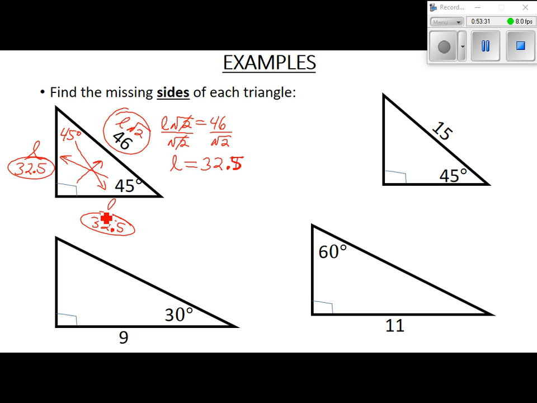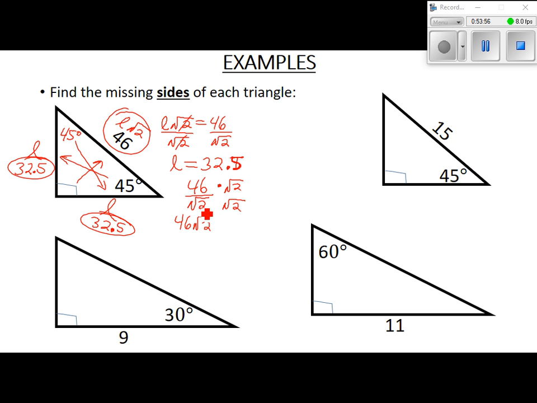Now the other thing we could do, if they want the answer but not in this decimal form, remember we had 46 over the square root of 2, and some of your calculators might do this for you. We talked about it. You multiply the top by the square root of 2, and you multiply the bottom by the square root of 2. On top, you end up with 46 times the square root of 2.